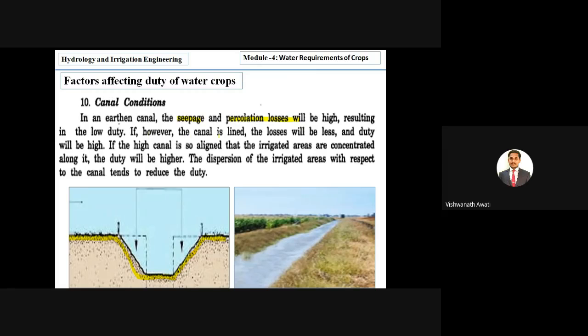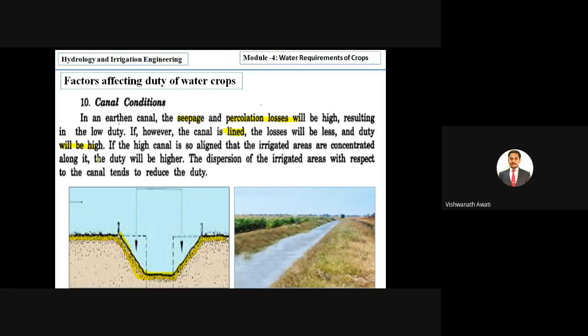If, however, the canal is lined with concrete, then the losses will be less and duty will be high. If the canal is so aligned that the irrigating areas are concentrated along it, the duty will be higher, and dispersion of the irrigated areas with respect to the canal tends to reduce the duty, correct?